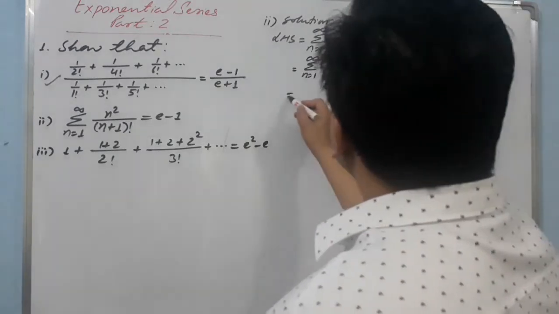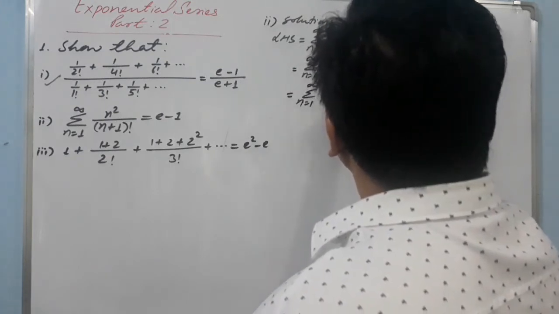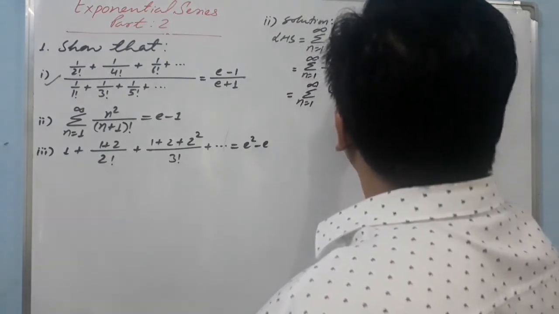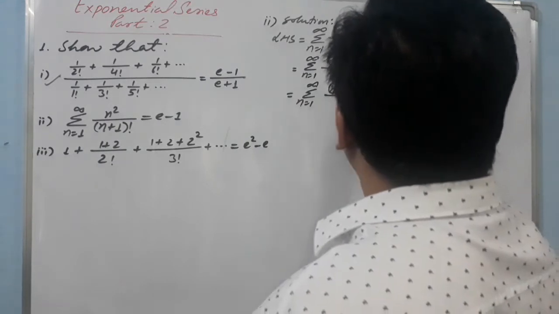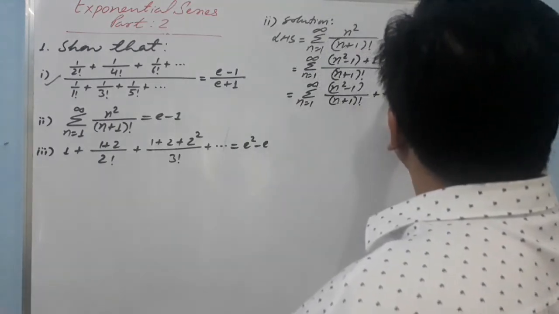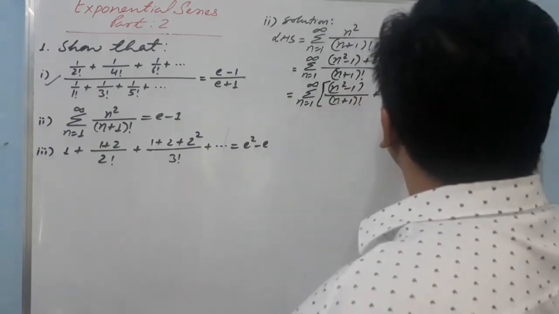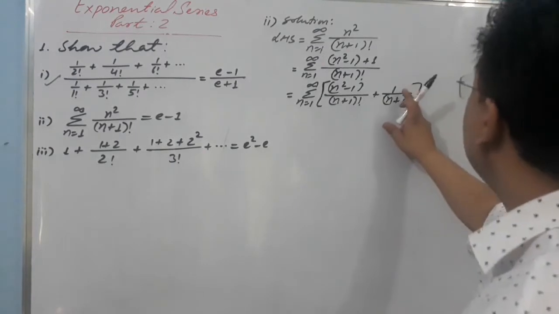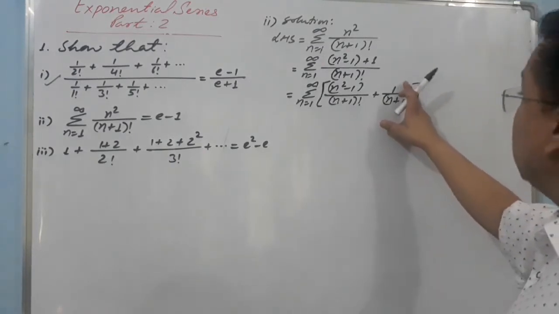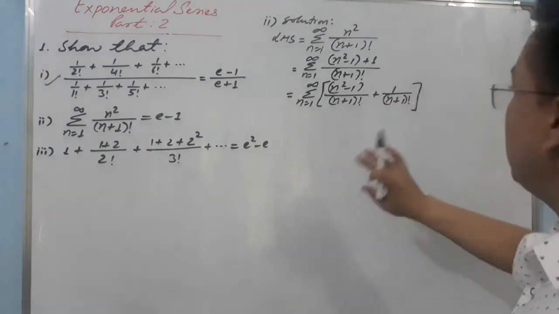I think you understood. Now you can write separately: sigma n = 1 to infinity of (n^2 - 1) upon (n + 1) factorial plus 1 upon (n + 1) factorial. Here you will use a square bracket. Here no n in the numerator, so we can expand this, no problem.